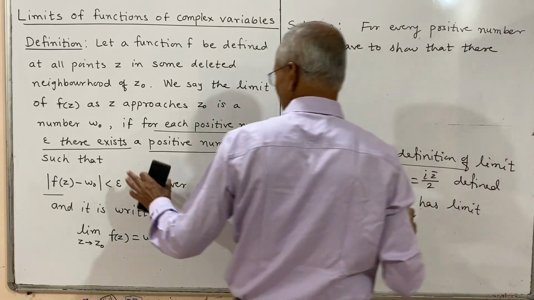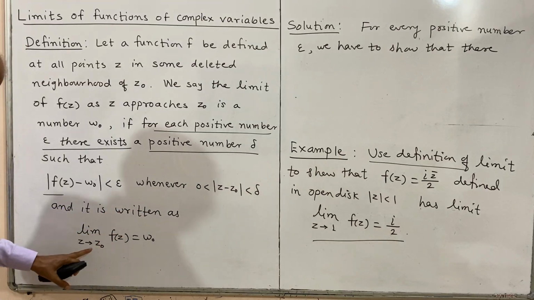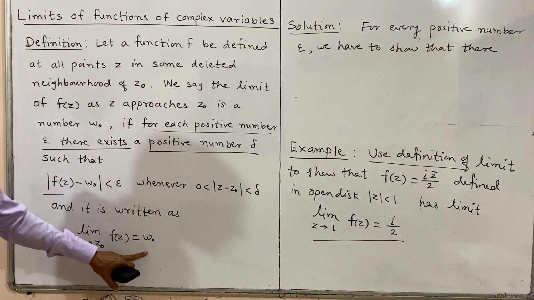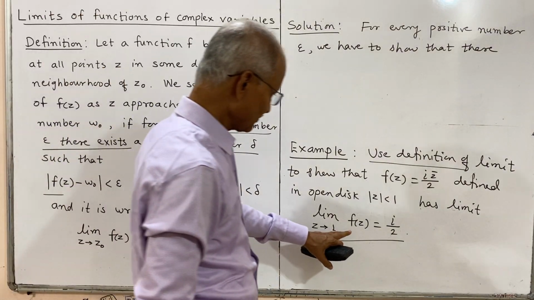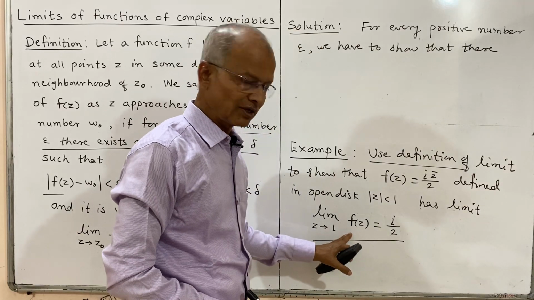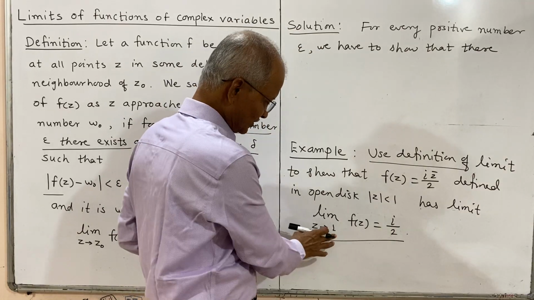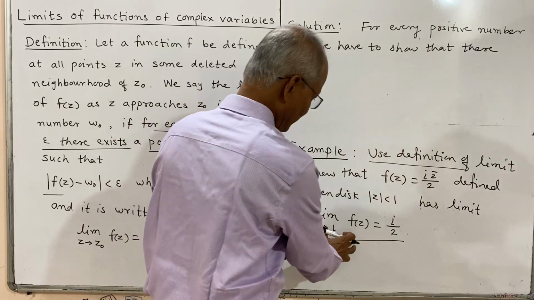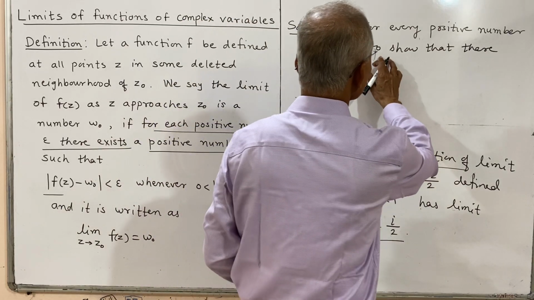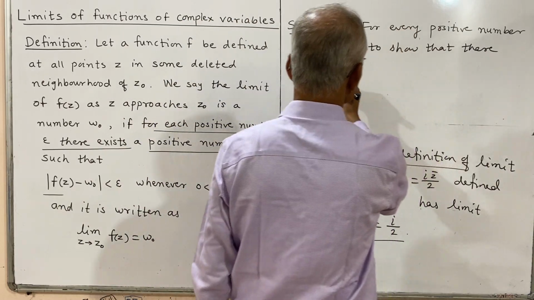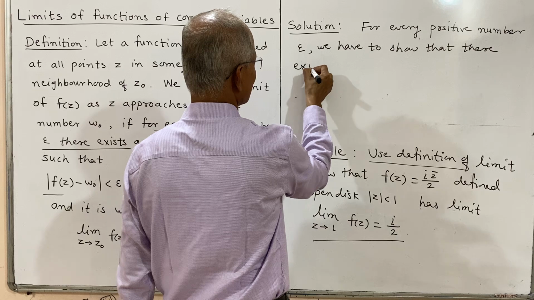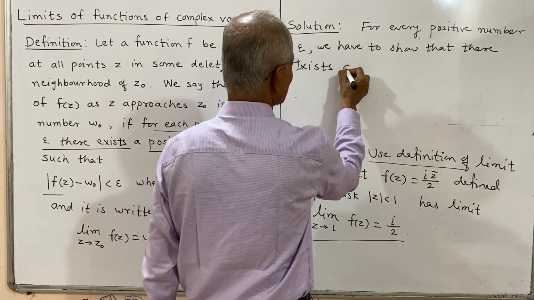If we could show this condition, then we can say the limit of f of z is equal to w naught. That means for every given epsilon we have to find a delta which satisfies the condition of limit.